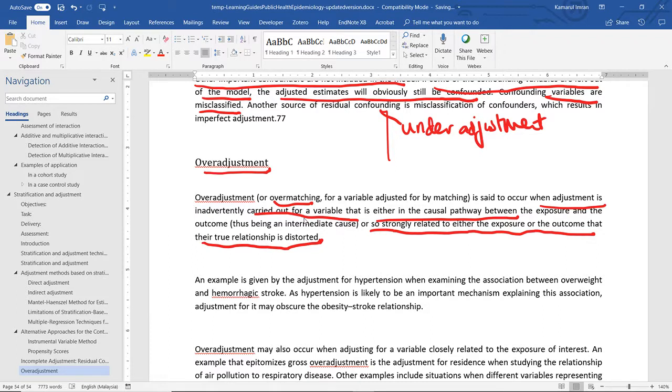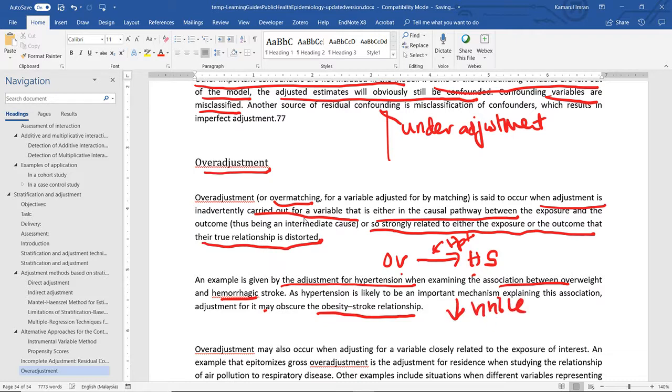For example, adjustment for hypertension when you examine the association between overweight and hemorrhagic stroke. If you adjust for hypertension here, it will make the relationship between obesity and stroke less pronounced, less visible.